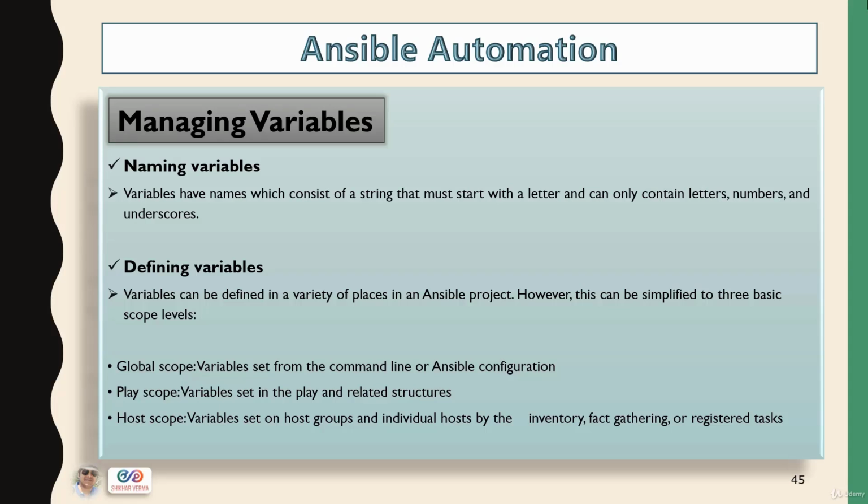When you fire the Ansible playbook, at that time also you can define the variable on the command line. You can also define the variable in your ad hoc command as well. You can define the variable in the Ansible playbook or related structures. You can also define variables in the inventory file of Ansible. So these are the places where you can define variables.